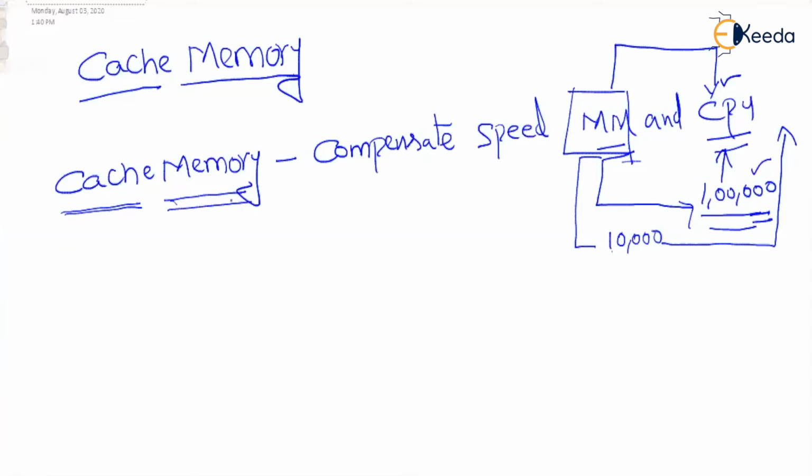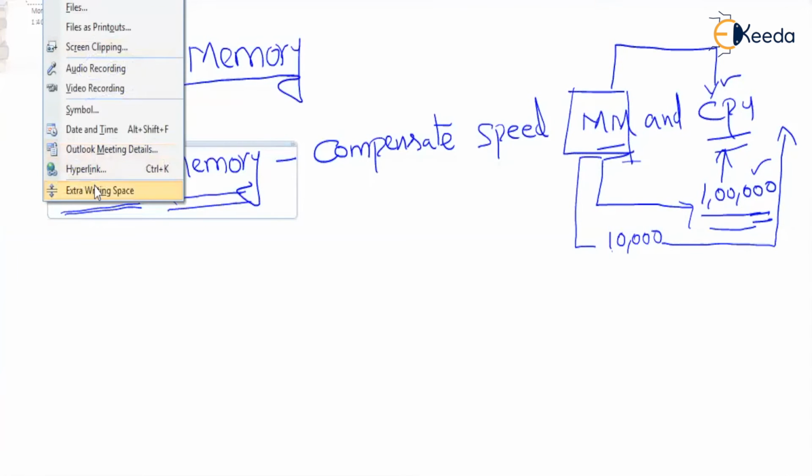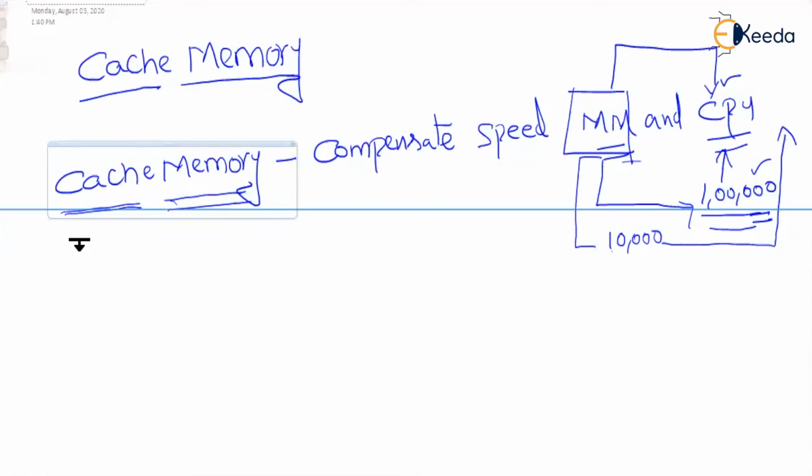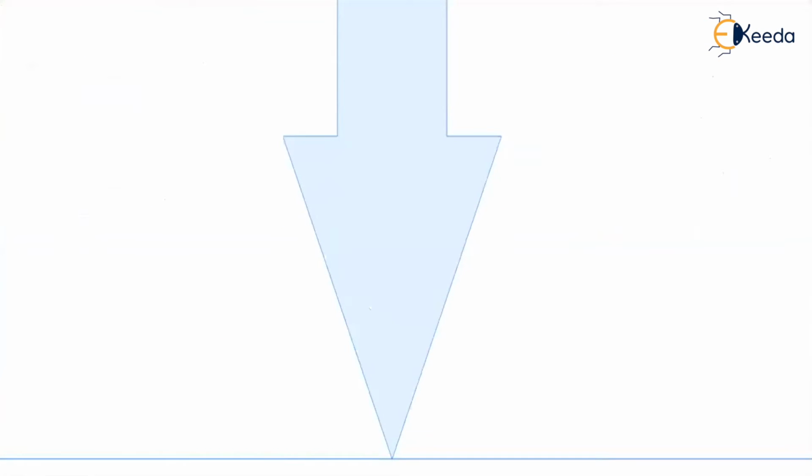Now let me show you one diagram by using which I'm going to demonstrate what the cache memory is capable of doing. Let us say I have a CPU and I implemented the cache memory followed by main memory.